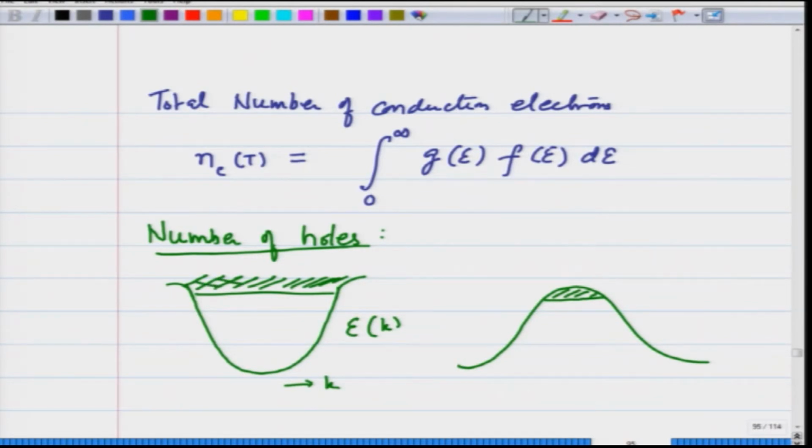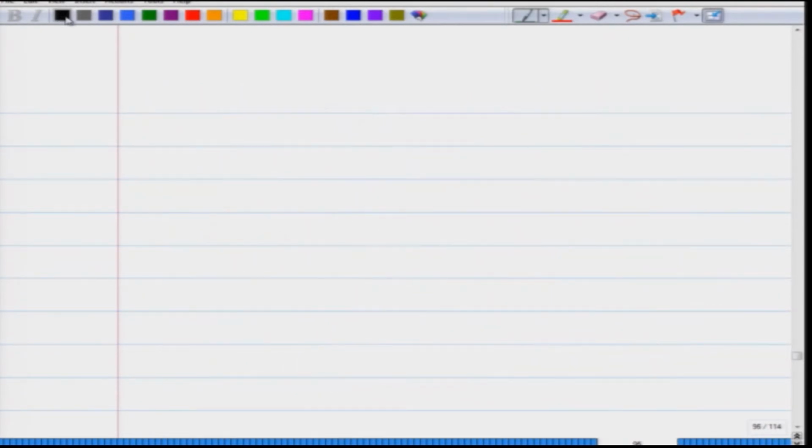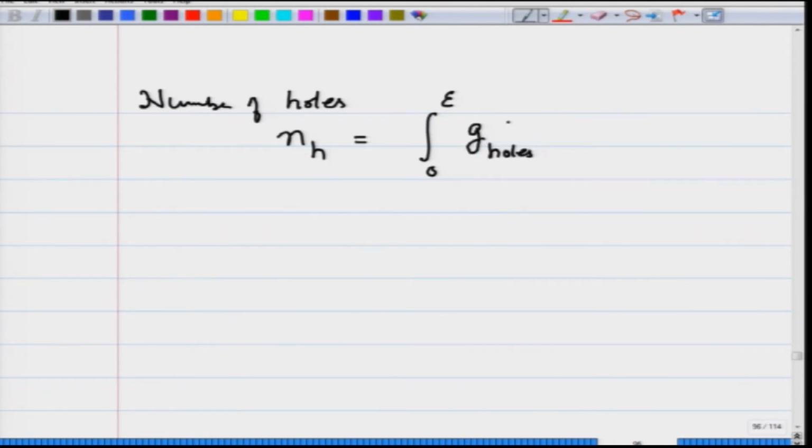So, this time the shaded region is the holes. Now, the number of holes, which I will write as N_H, will also be equal to the integral from 0 to E, where now E refers to the energy of the holes, of the density of states for the holes as a function of E times the occupation probability of the holes as a function of E dE. So, what we now need to calculate is G of holes and F of holes.